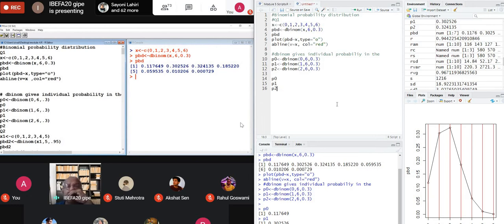Which function gives me the answer? dbinom, sir. Correct. What is the purpose of dbinom? Evaluation of exact probability. Now the same thing I can plot on the graph, because you saw the central limit theorem for testing of hypothesis completely by graph. Wherever we say probability, there is always a graph.